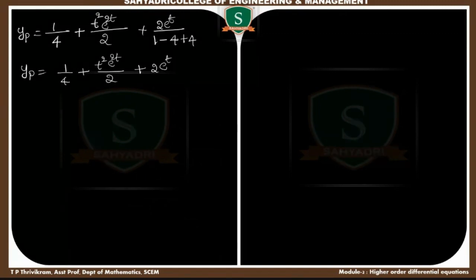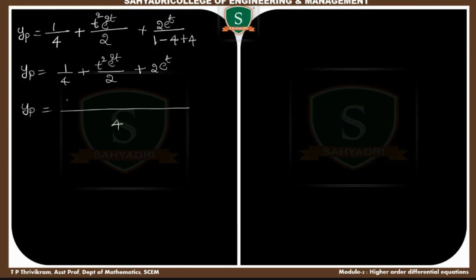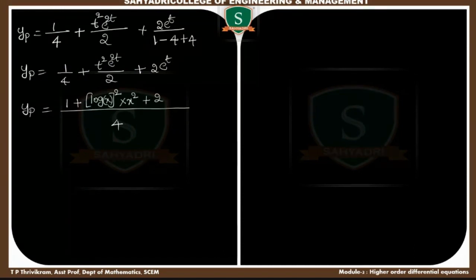Okay. So yp is equal to, if you take LCM for this, you'll get 4. 1 plus t square. T square means log x whole square. Next, e power 2t means x square plus 2 into e power t.